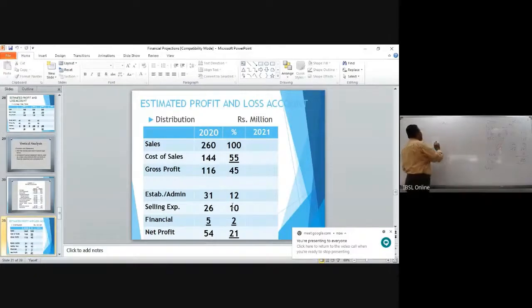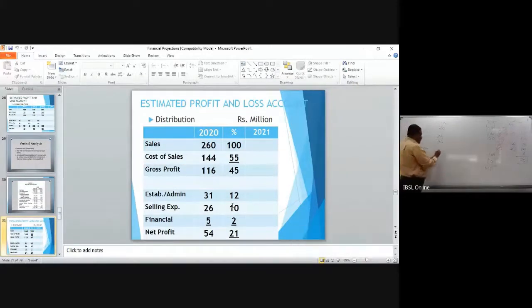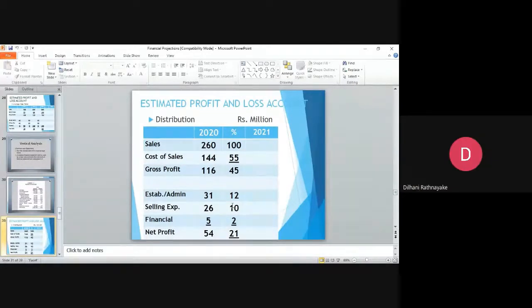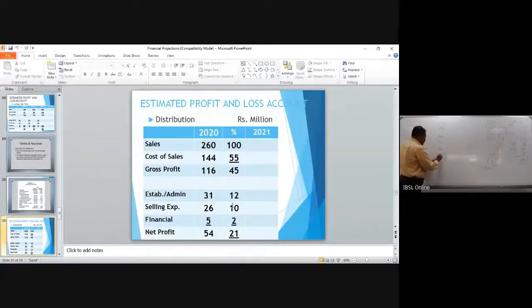Sorry, 2020 sales 260, cost of goods sold 144, GP is 116, administrative expenses 31, 26, 5, net profit is 54.